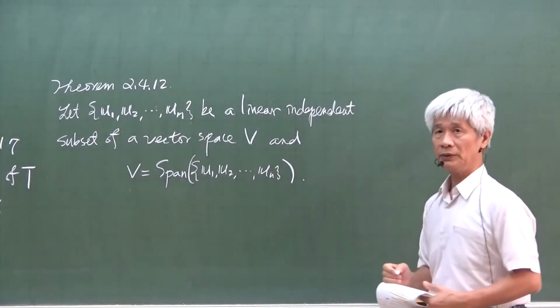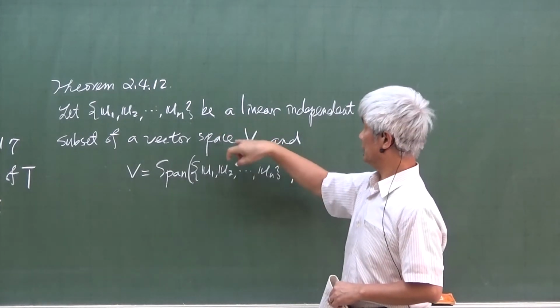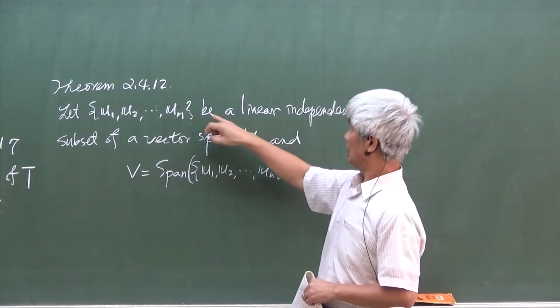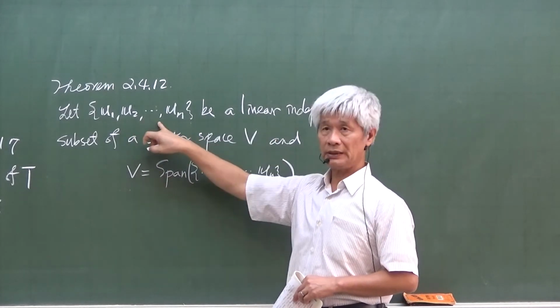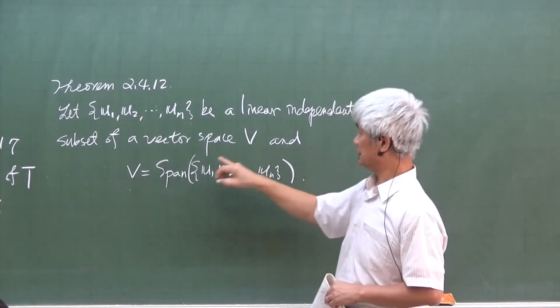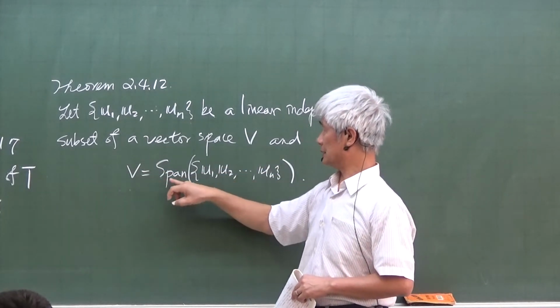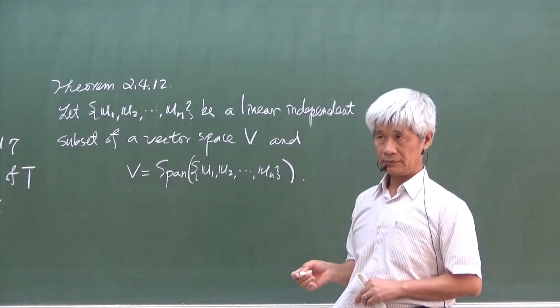So we assume V is a vector space, and we can find a linearly independent subset. This subset consists of n vectors, and also the whole vector space is the span of this subset. Okay.